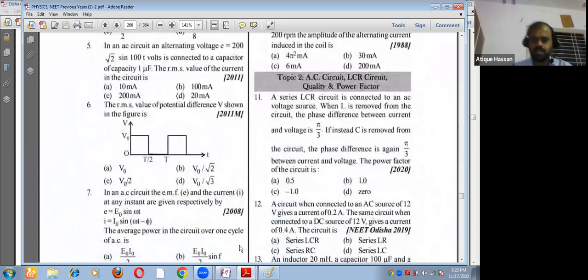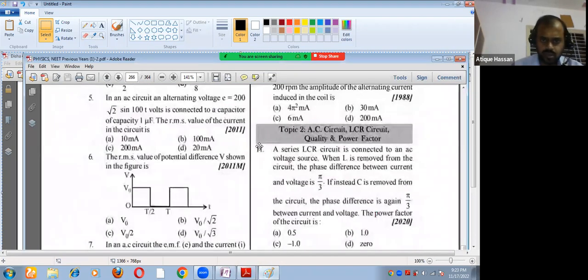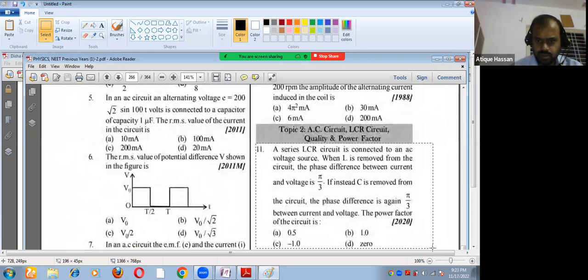Let us see question number 11. It is a NEET 2020 question.